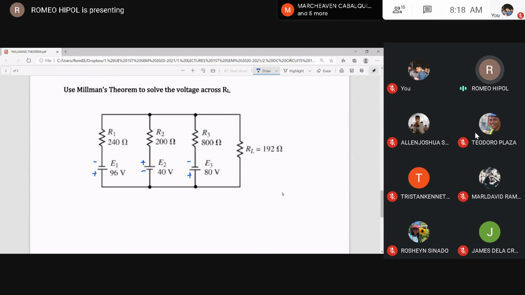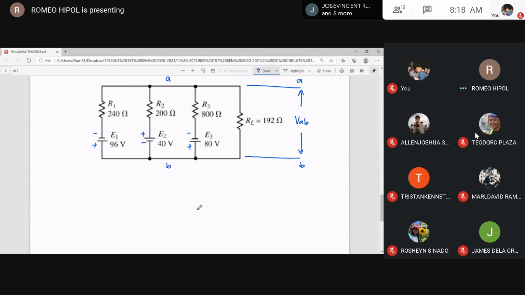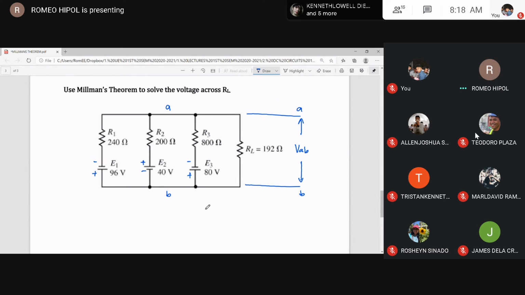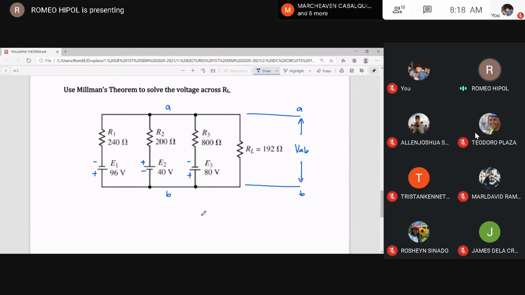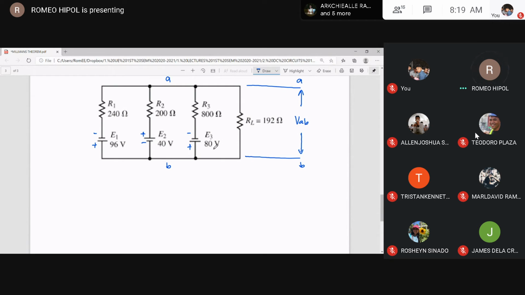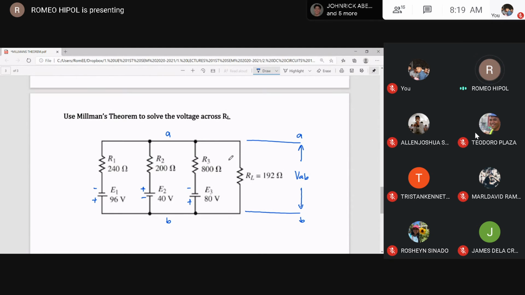Actually, our RL is just a single resistor, so we can set this as terminal A and B. Using Millman's theorem, if you compare with other network theorems, Millman's theorem is the easiest to use in solving parallel connected branches. But overall, mesh analysis is better for you.